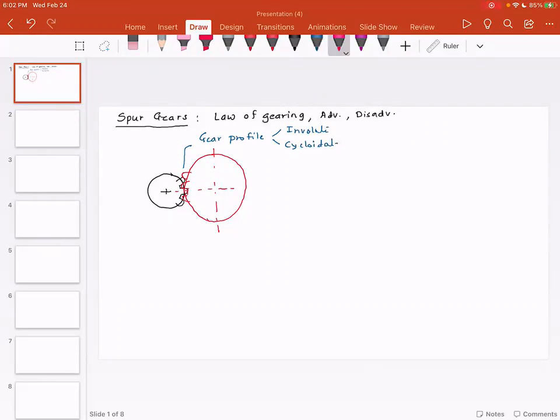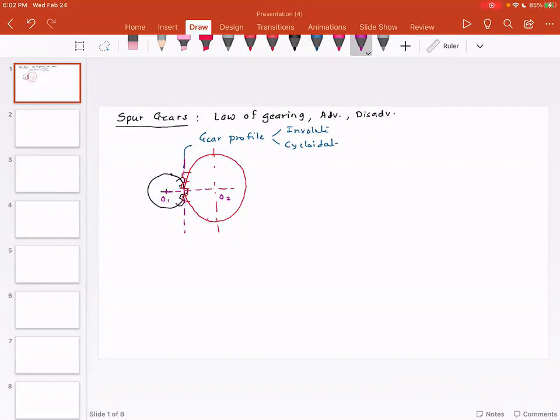Now, if you look at the way the force will be transmitted from the driving gear to the driven gear, the force will not be transmitted perpendicular to the line of centers. So if you think about, this is the center 1, this is the center 2, and I have this line which is joining these two centers.